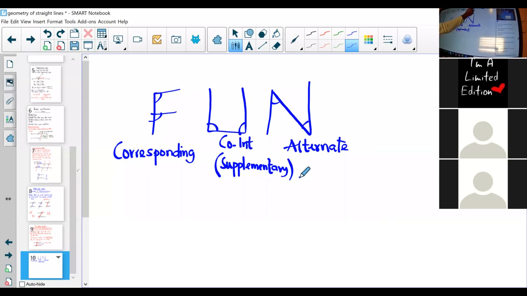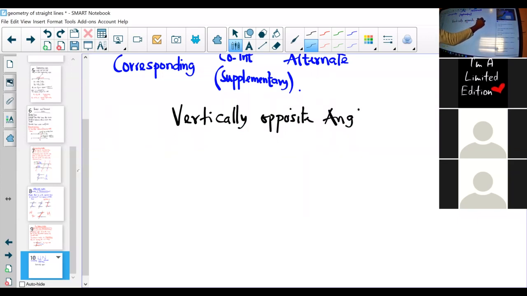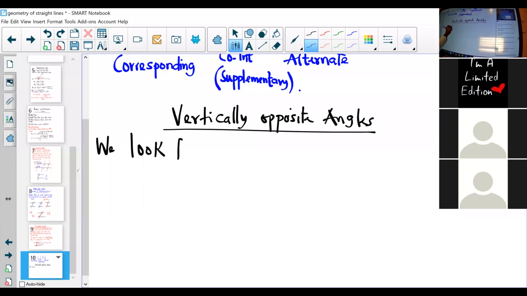All right. There is what you call vertically opposite angles. Now, with this one, we do not need any parallel line. This is the difference here. We look for two lines that cross each other.